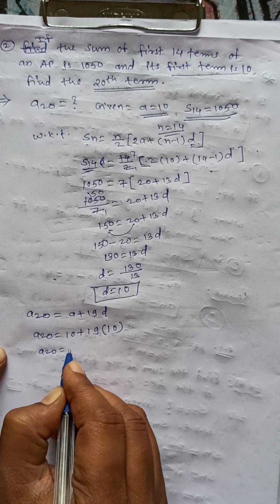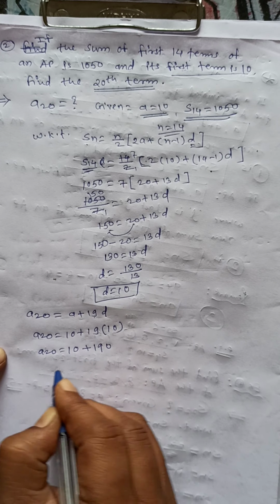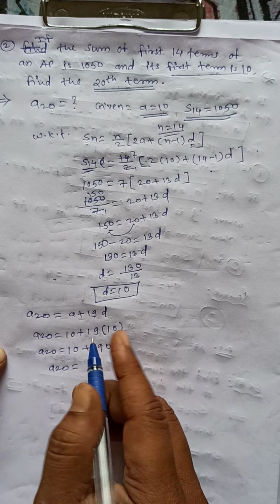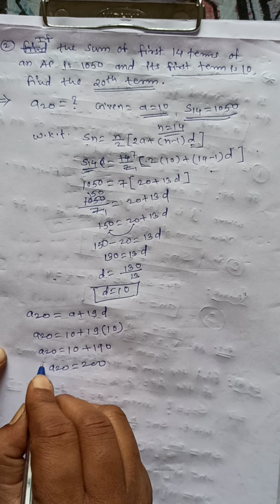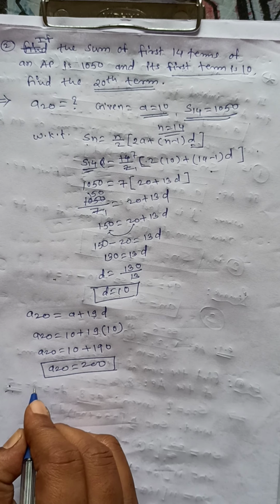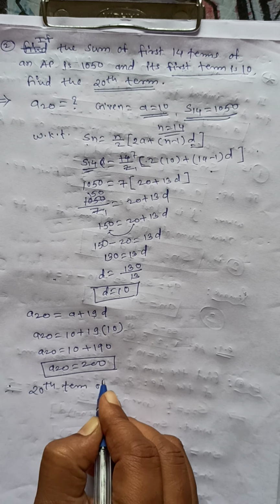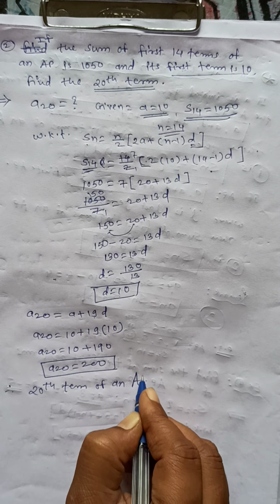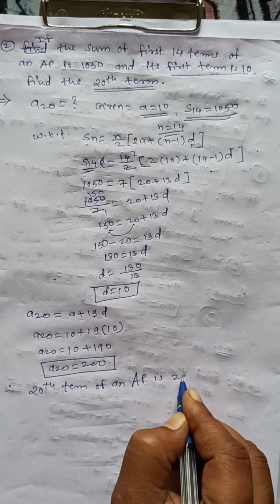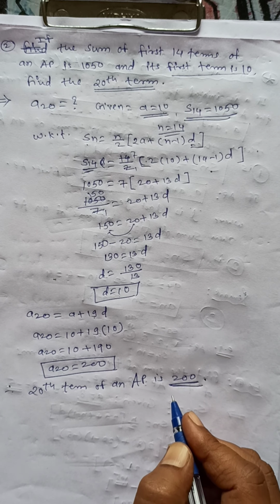So A20 is equal to 10 plus 190. A20 is equal to 200. Therefore, the 20th term of the AP is 200. Like this you have to conclude your answer.